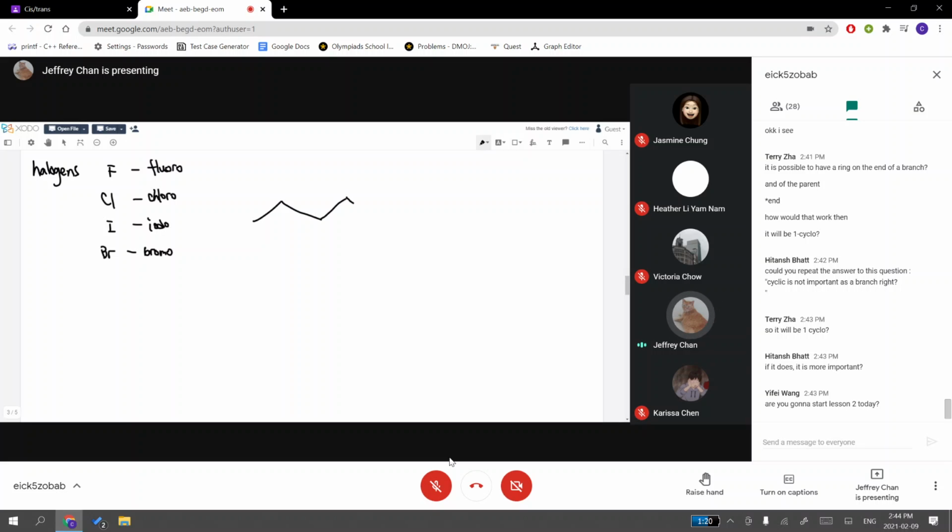So something like this. Let's do a triple bond, and let's add a whole bunch of fluorines in. And let's add a methyl in too. You start counting from the right side because they have the same importance as just a branch. Double bond or triple bond takes priority. So 1, 2, 3, 4, 5, 6.